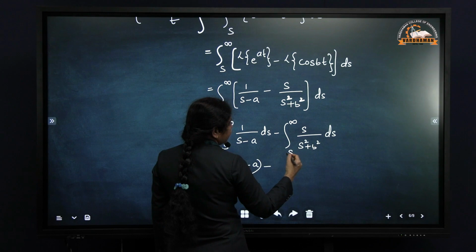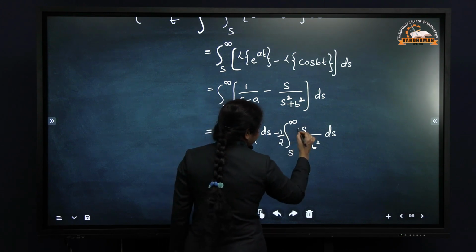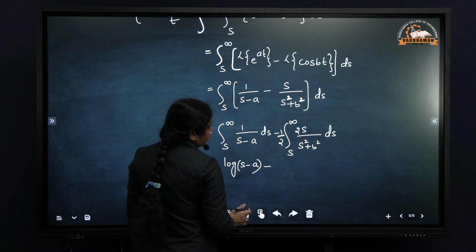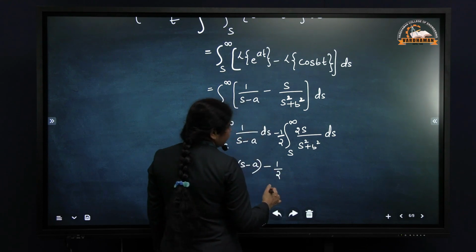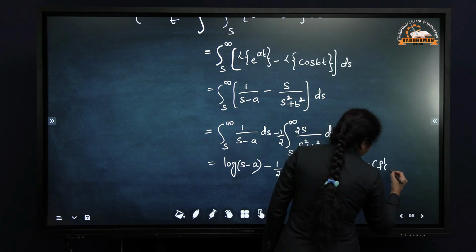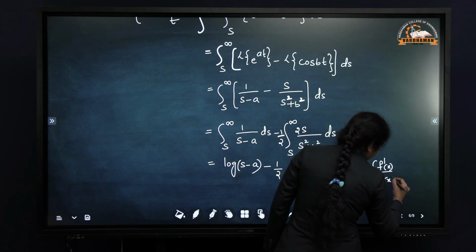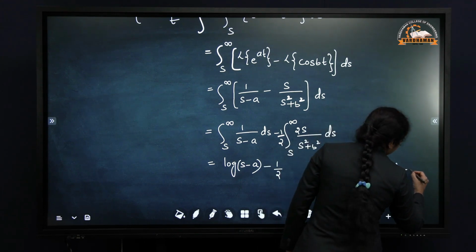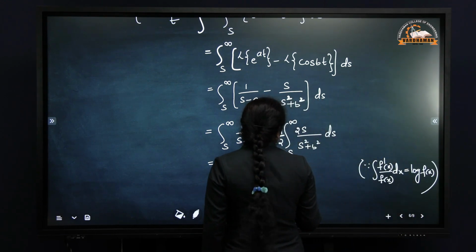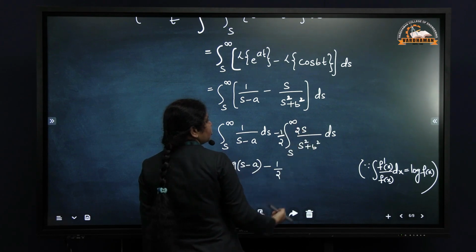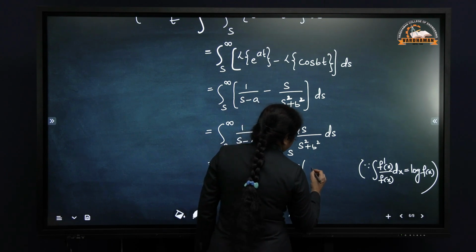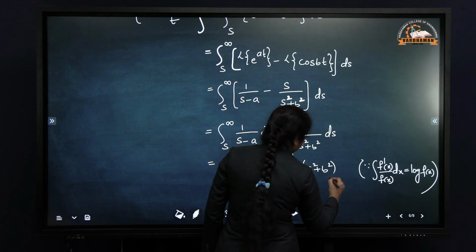and to evaluate this integral I am multiplying and dividing this expression by 2. So now 1 by 2 into, this is of the form integration of f dash x by f of x dx, and the formula is log f of x. Here the derivative of s square plus b square is 2s in the numerator, so this can be written as log of s square plus b square.